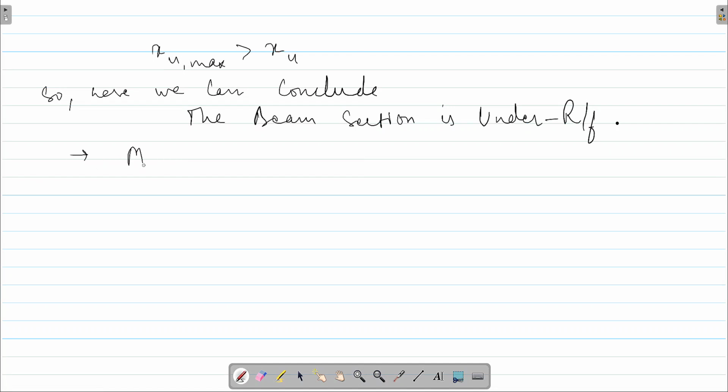So in under reinforced section, as we know that the steel is the weaker part, we'll calculate Mu, the ultimate moment of resistance for steel in tension zone. The value of Mu is 0.87 Fy into AST, bracket D minus 0.42 XU.